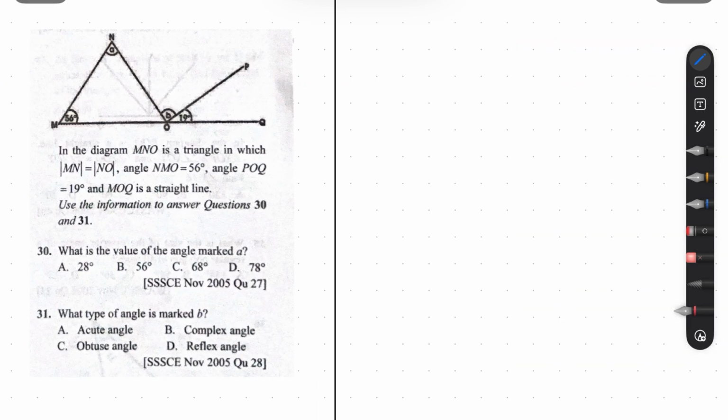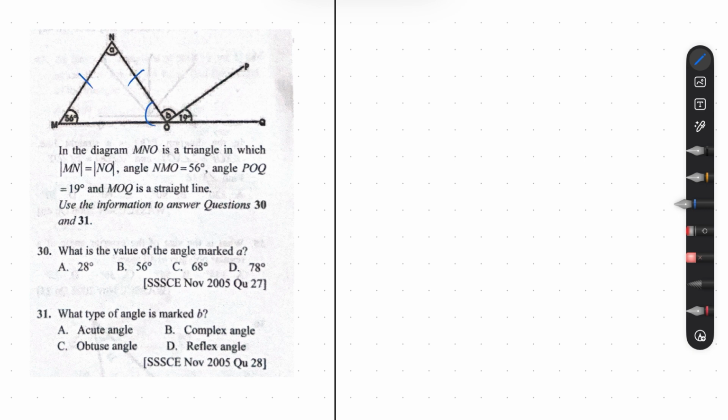Cool. Let's move on to question number 30. It has a preamble. In the diagram, MNO is a triangle in which MN is equal to NO. They are the same, and if a triangle has two sides the same, two of the angles will be the same.